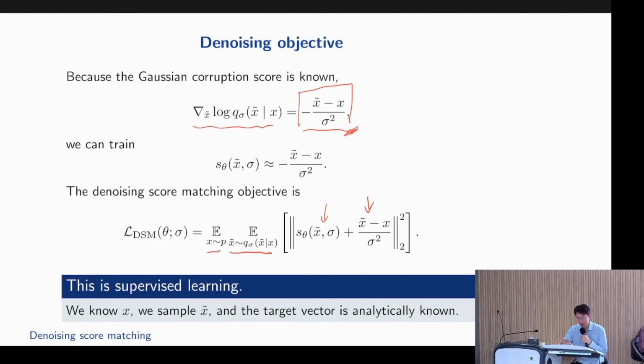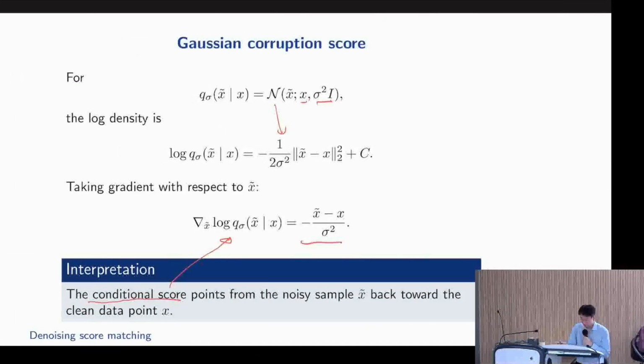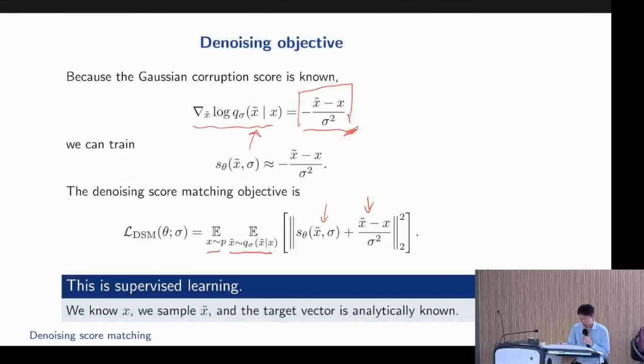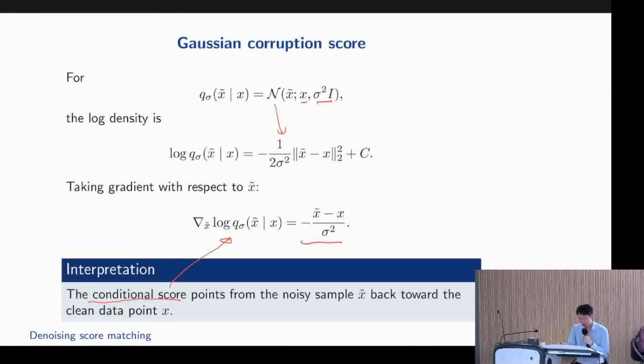So if we take gradient ascent along this direction, it's going to take us one step closer to the cleaned up image. Why one step closer to the clean image? Because the gradient is going to point along the direction where the density is higher.